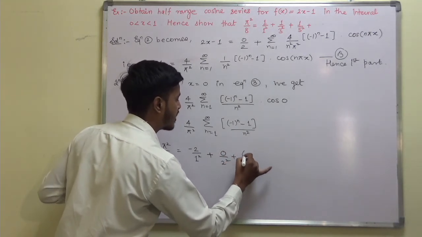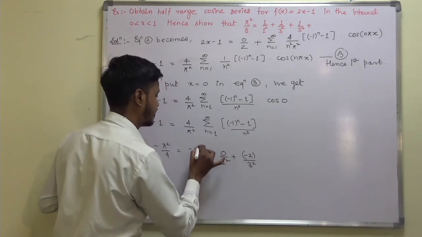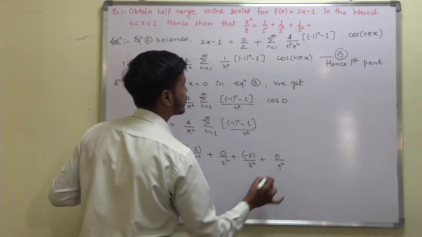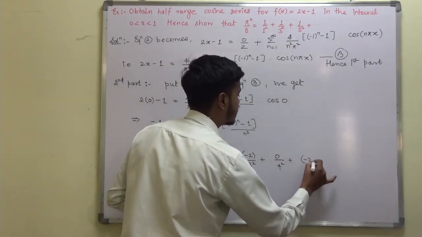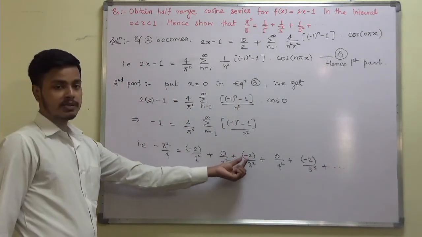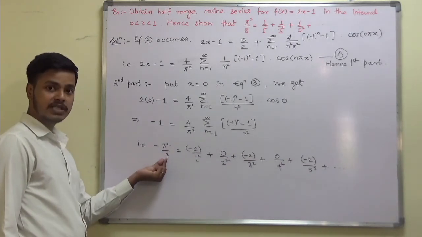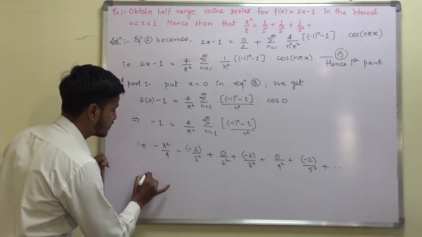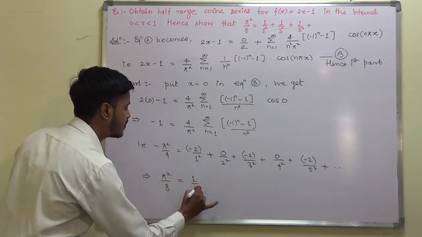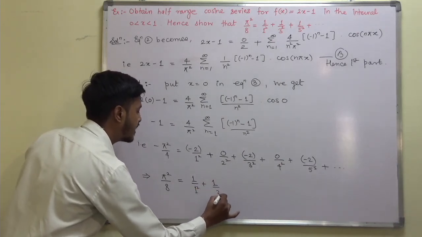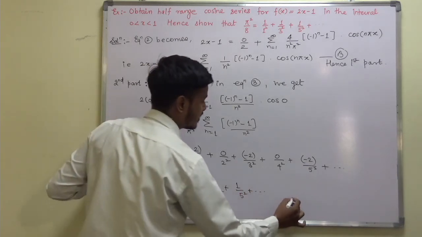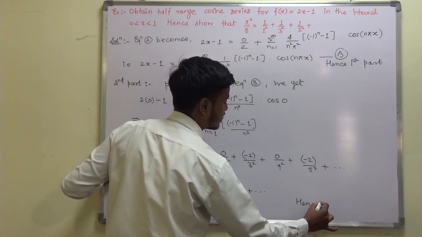Then minus 2 by 3 square, plus 0 by 4 square, plus minus 2 by 5 square, plus and so on. Now taking minus 2 common and multiplying it with this 4, this becomes pi square by 8 is equal to 1 by 1 square plus 1 by 3 square plus 1 by 5 square plus and so on. Hence the second part.